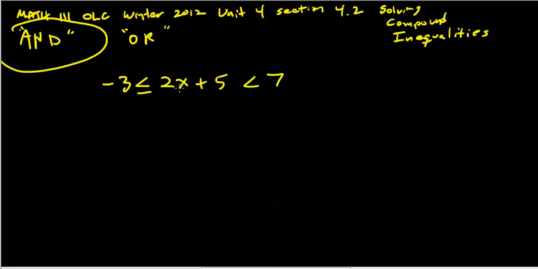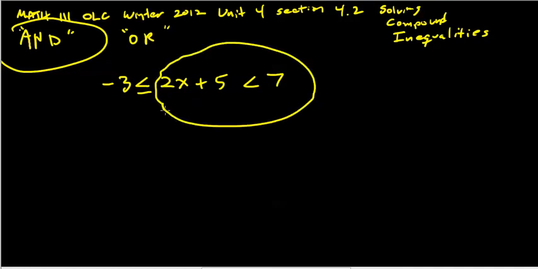Alright, the reason why we call these an AND-type inequality, I'm really asking you to solve two inequalities in this double-sided format. I can view this as a single inequality, and I can view this in the purple as another simultaneous inequality that I'm asked to solve at the same time.